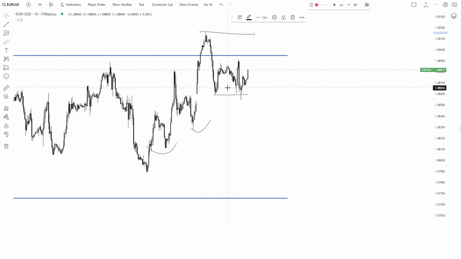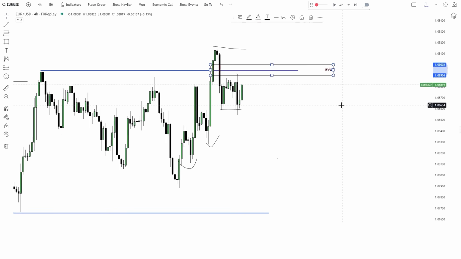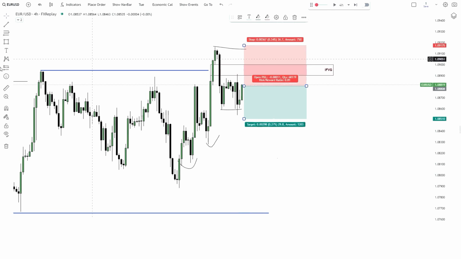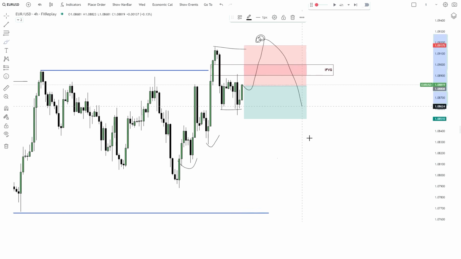And right at that moment in this zone we had a 4-hour imbalance, which wasn't just an imbalance but also an order block, that I made my decision to enter a trade. Accordingly, in such cases, we always place our stop loss beyond the manipulation that has already occurred. I understand that sometimes price may retest and take out this liquidity again before moving lower, but in this case, I didn't see any liquidity left that would justify a further drop.